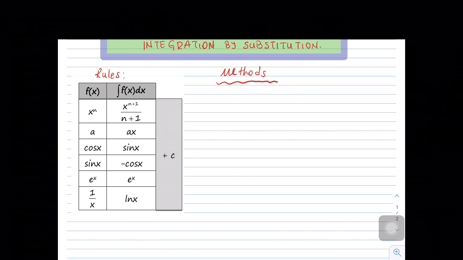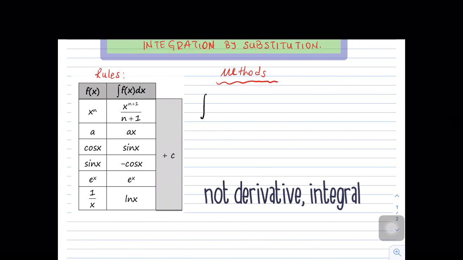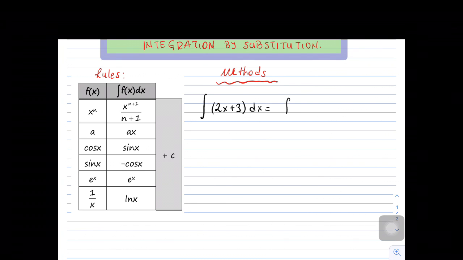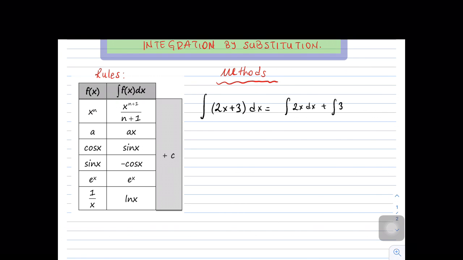For example, let's say the integral of 2x plus 3 dx, right? Actually, we know that. So we can write it down. It's like 2x dx plus 3 dx, right?